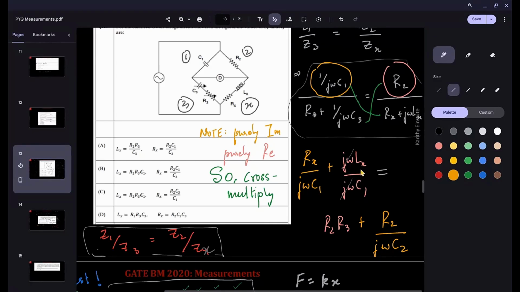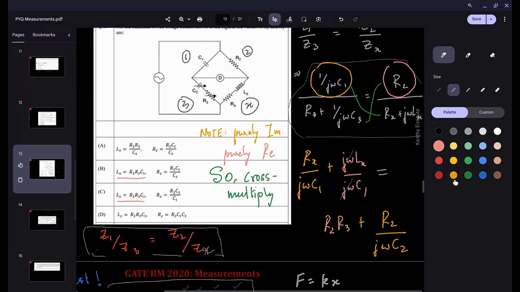So now Lx is fairly easy. R2, R3, C1. Looking at the rows, R2, R3, C1. For Rx, now I have to compare these two. Rx will be R2, C1 by C3.